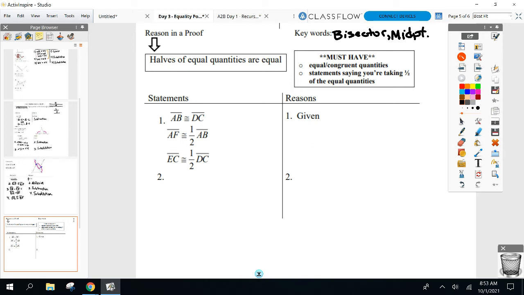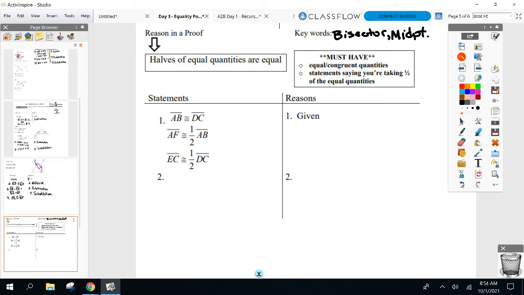All right, ready for a basic one right now. AB and DC are equal. What am I doing to AB? I'm taking half of it. Everyone agree? And what am I calling it? AF. All right, everyone see, I don't need a visual for this. What am I doing to DC?